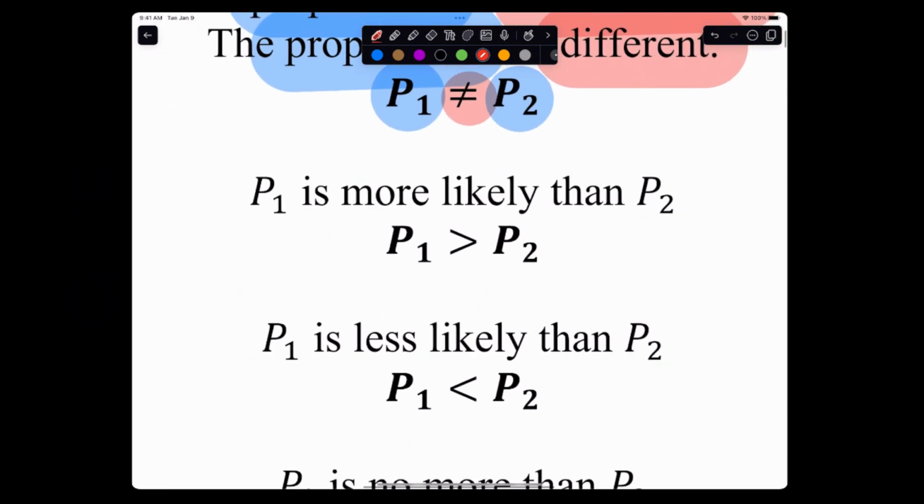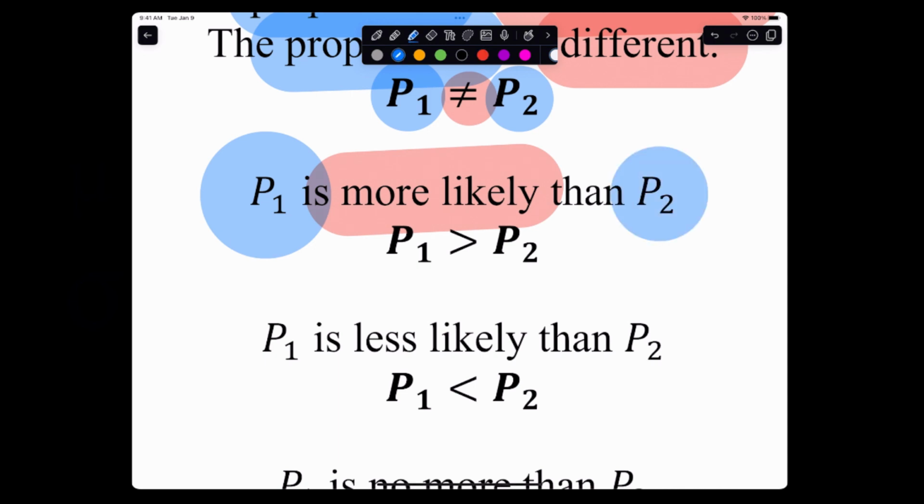Here we go. P1 is more likely than P2. P1 versus P2. More likely means a higher probability, because proportions are percents or probabilities. So if I said, who's more likely to smoke, men or women? See the language?